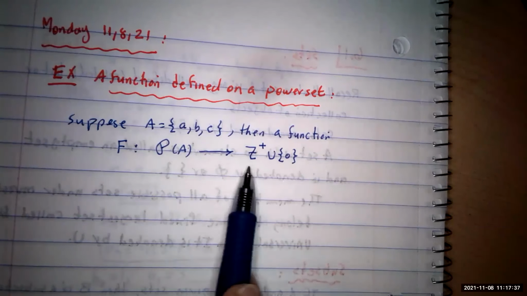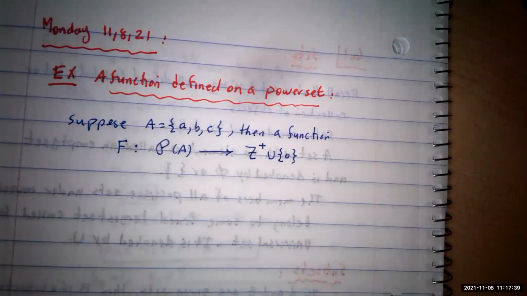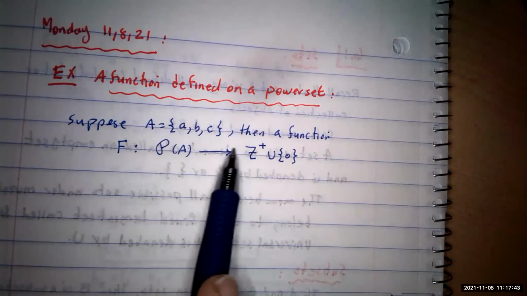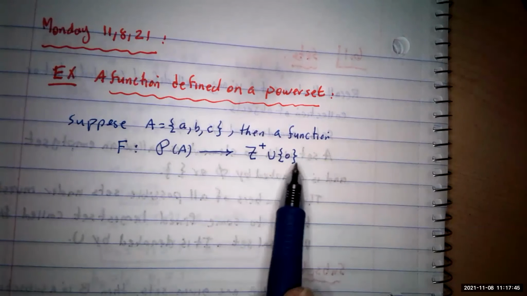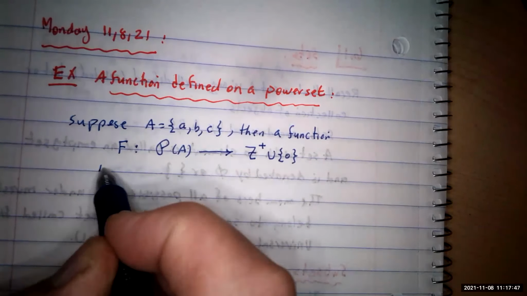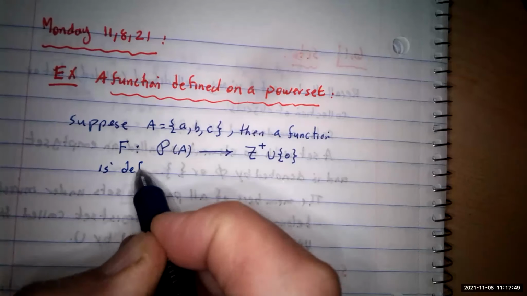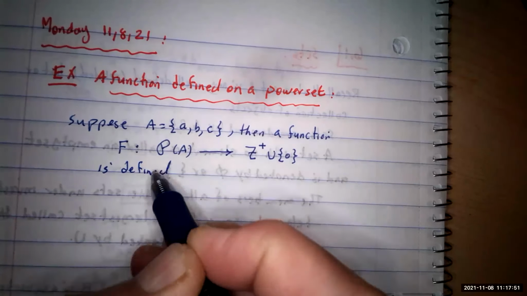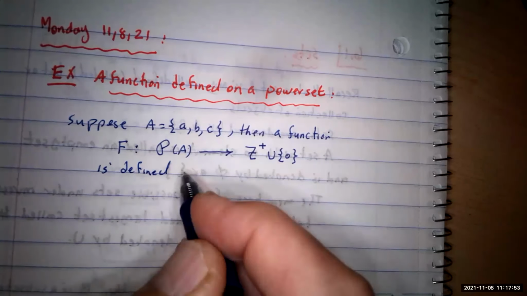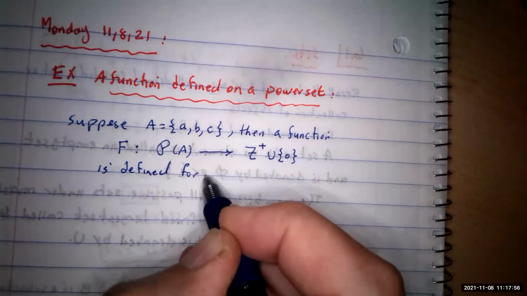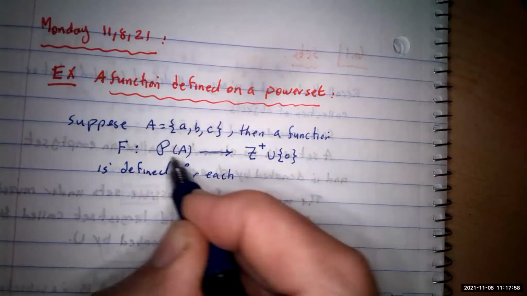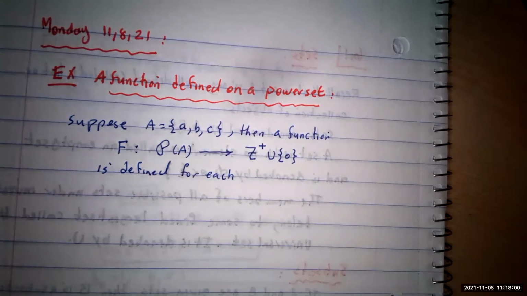So the function f is defined for each member of your domain, and the member of your domain is a set.